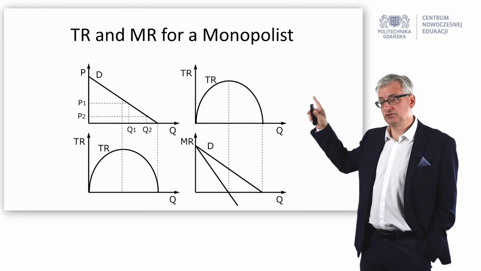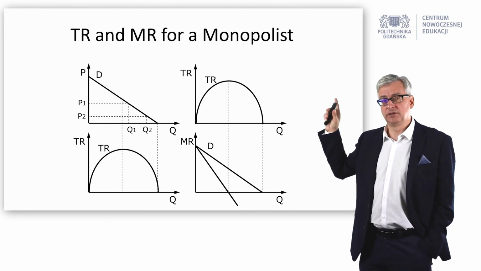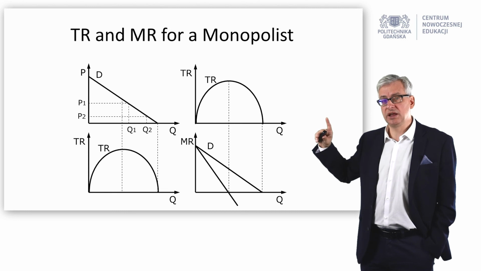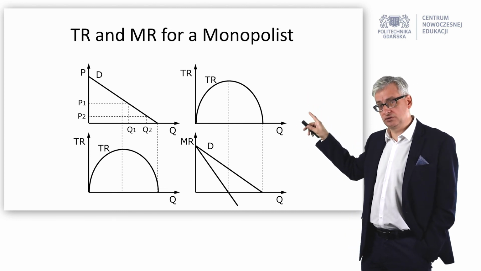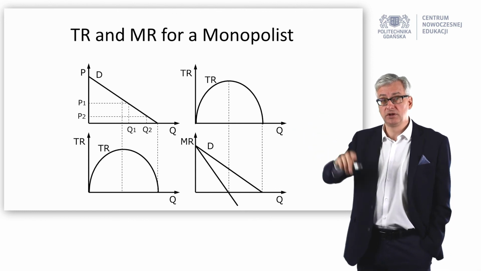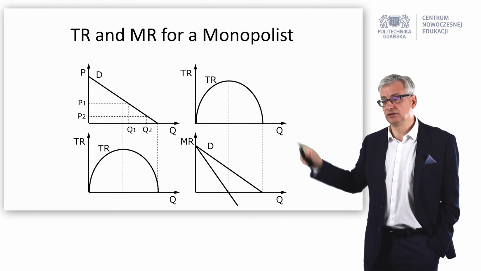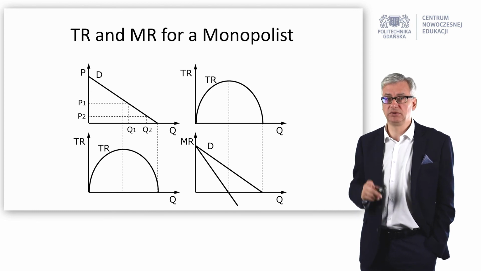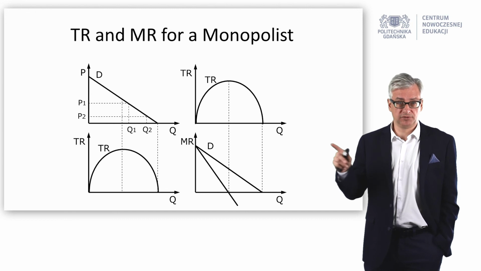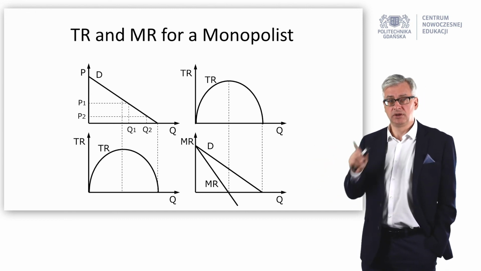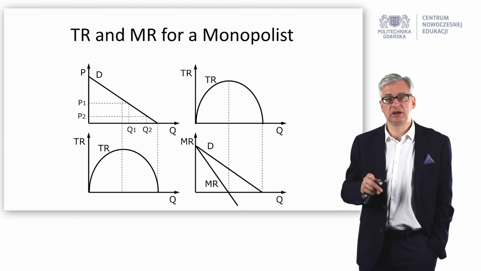And then after exceeding this maximum, the derivative would be negative because total revenue would decrease. For a decreasing function, the first derivative would be negative. Marginal revenue can be negative, something that was absolutely not possible in perfect competition. Here it is. Marginal revenue can be negative.